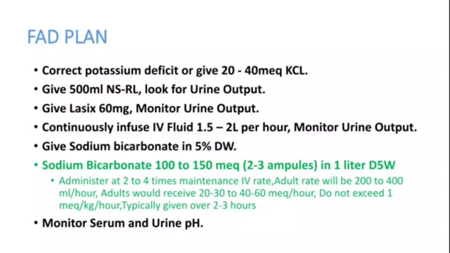All these things involve a higher amount of fluid and salt. So if the patient already has a volume overloaded condition, like cardiac failure, liver failure, or nephrotic syndrome, there is a high chance of pulmonary edema in this patient. So they should be very closely monitored in ICU. Without close monitoring, we should never give forced alkaline diuresis.